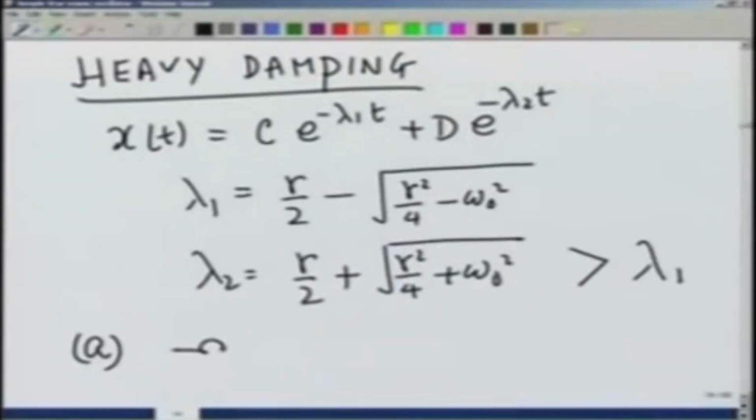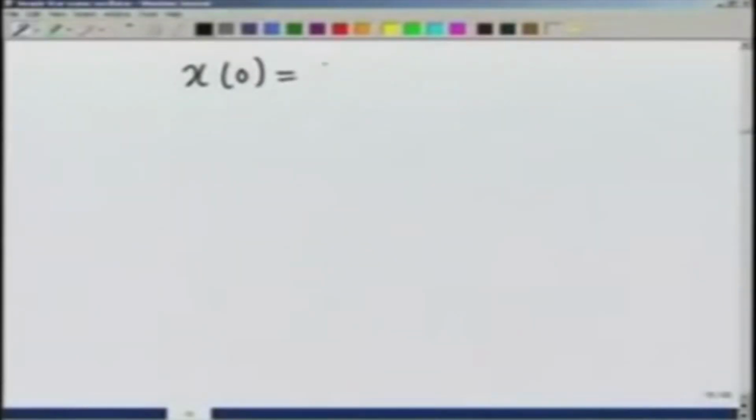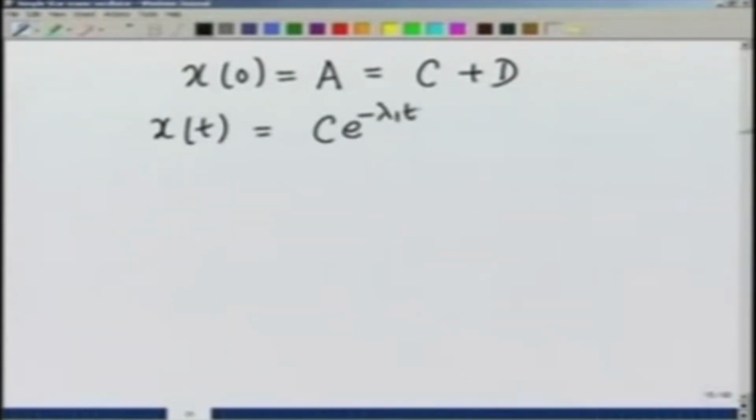So, let me take case 1, where I take this spring mass system, stretch it and leave it, and let us see how the motion looks like in that case. What I am given in this case is that x at 0 is equal to some value a, which from the general solution is going to be C plus D. Recall that my general solution x(t) is equal to C e^(-λ1 t) + D e^(-λ2 t), λ2 greater than λ1.